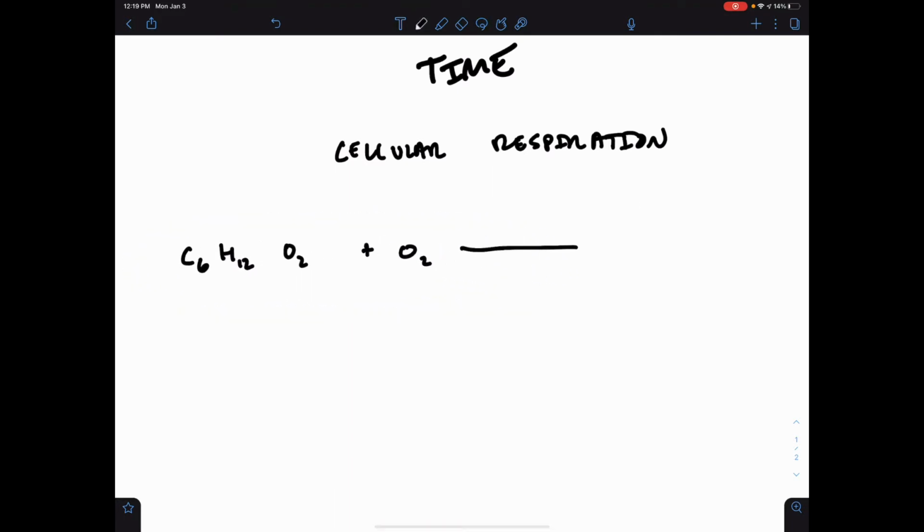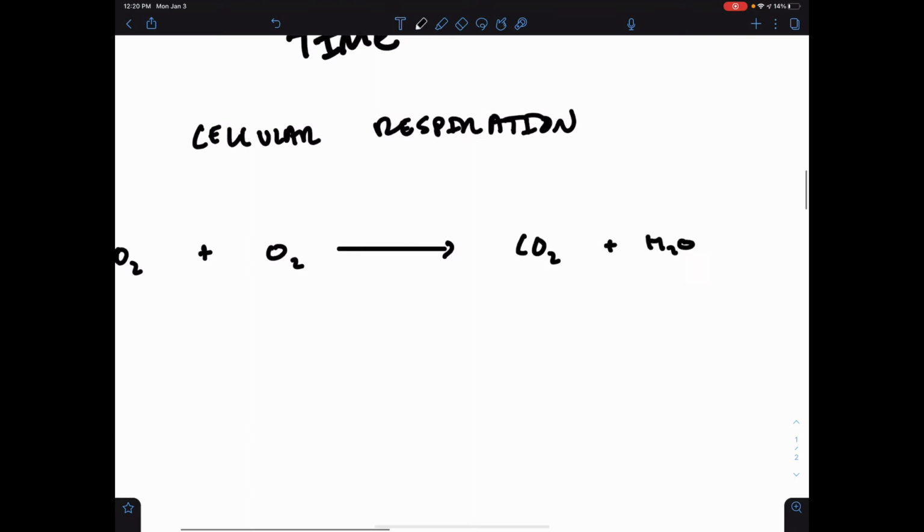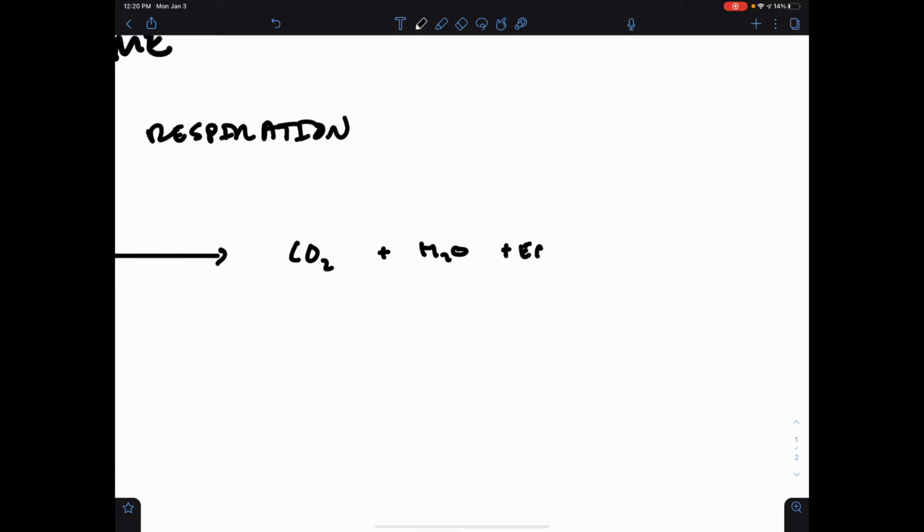And glucose is broken down. The energy stored within this molecule is released, and the oxygen is consumed. And on the other side, we get CO2, H2O, and energy is released.